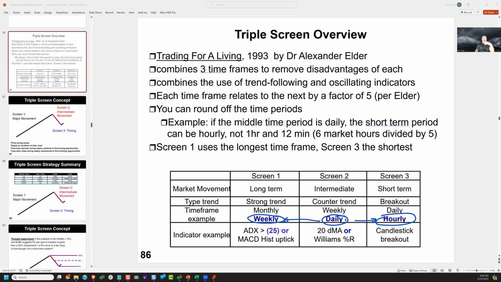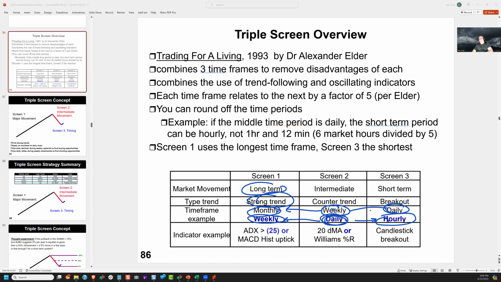He says you could also go up one full time frame and use weekly charts as your primary, move up to monthly to check for the long-term strong trend, and then drill down to daily breakouts. I just, at my age, want to trade more frequently than that. So I use the weekly, daily, hourly, as opposed to monthly, weekly, daily.